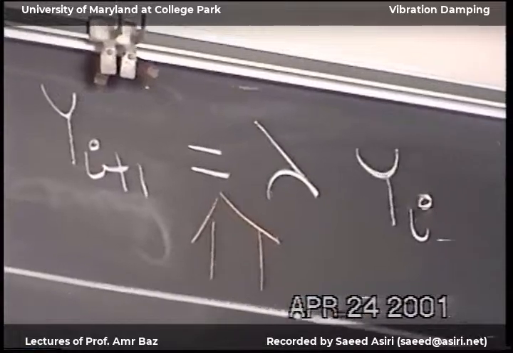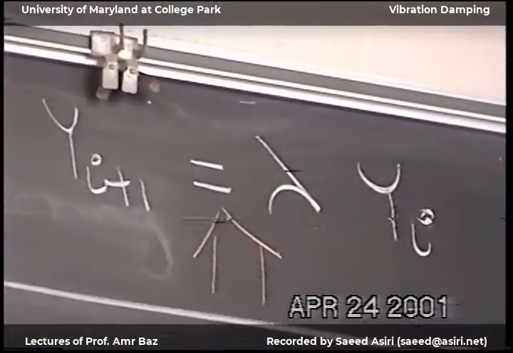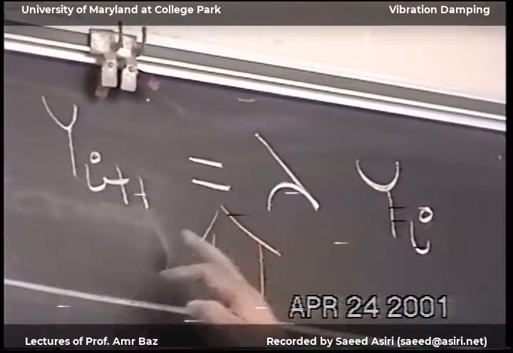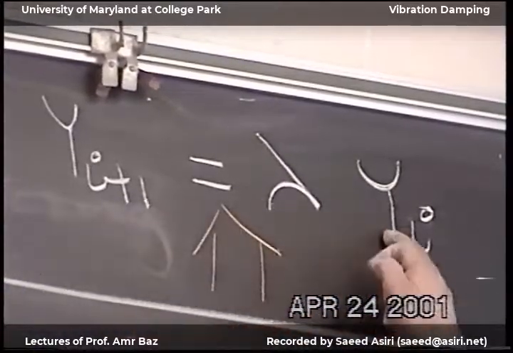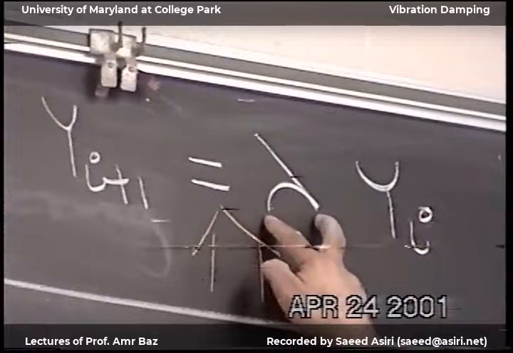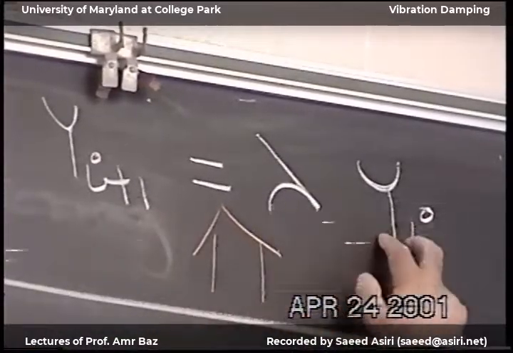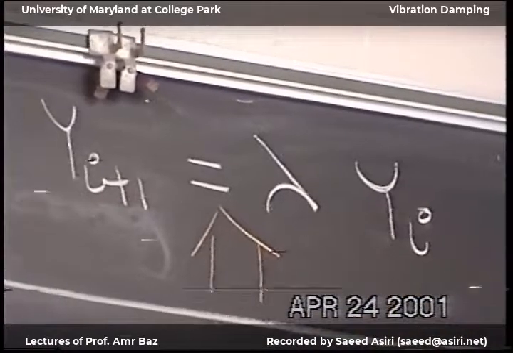And here it's very easy now to see if the absolute value of lambda is equal to 1, output is equal to the input. If the absolute value is less, then the output will be attenuated by the value of lambda.